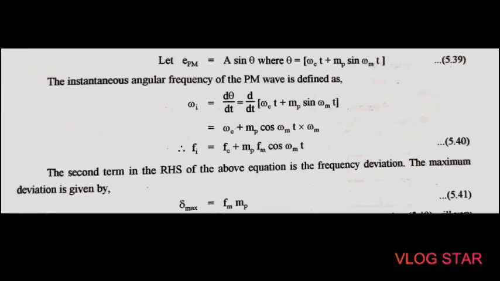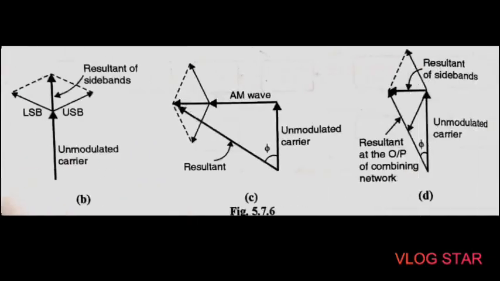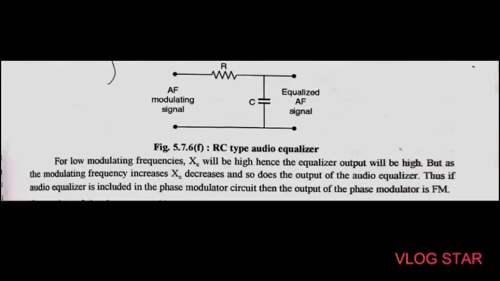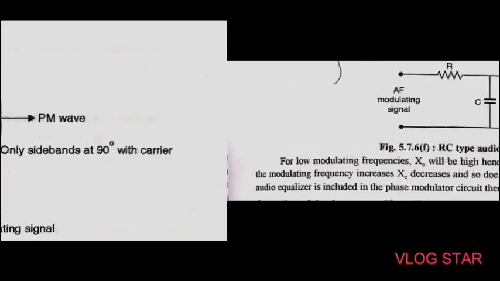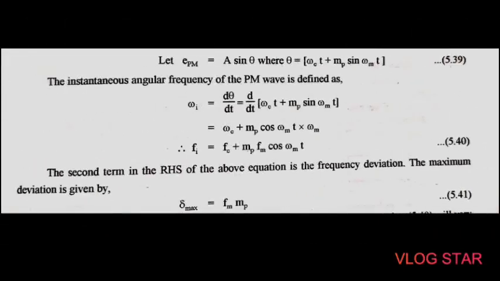So consider the equations for FM and PM wave. For that, we know that for FM, E of FM is equal to A sin(omega ct plus MF sin omega mt), and for PM, E of PM is equal to A sin(omega ct plus MP sin omega mt).